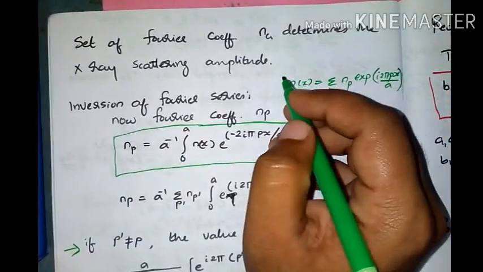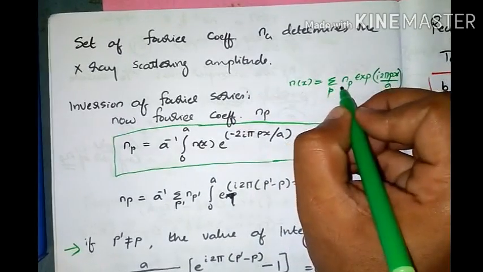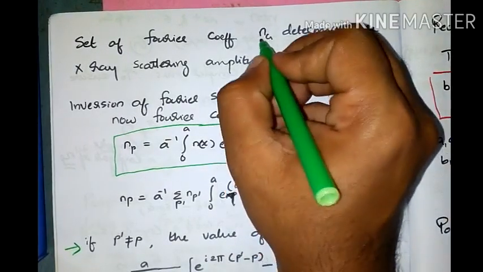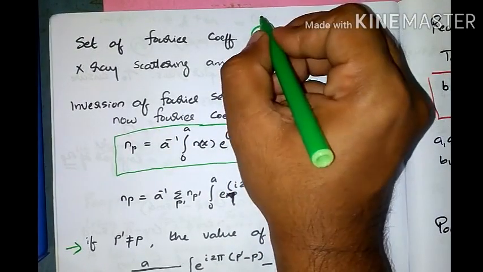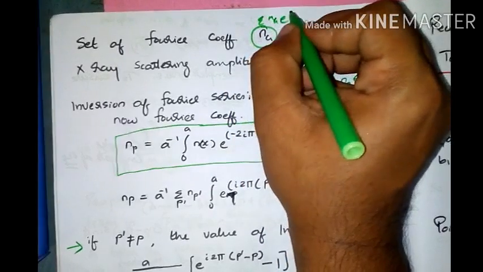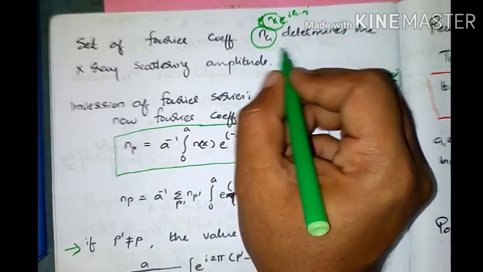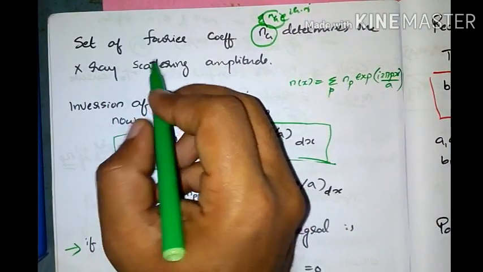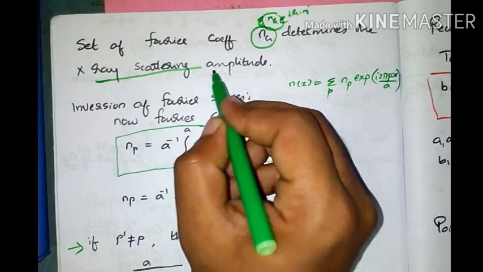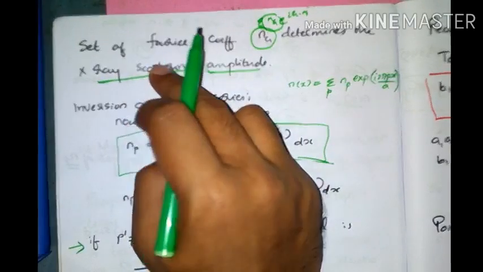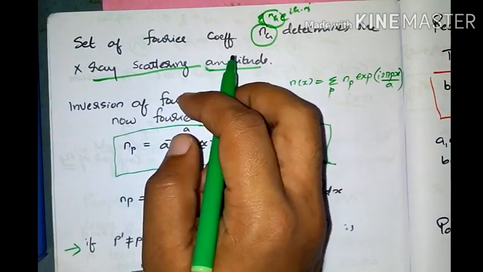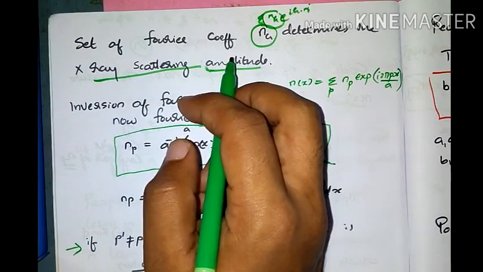And in that Fourier expansion, we saw we have a summation of ng exponential e raised to i G dot r. Okay, we have an ng, and this ng determines the X-ray scattering amplitude. So we are going to find out the scattering wave amplitude in this derivation.